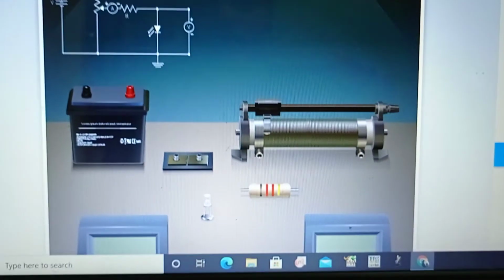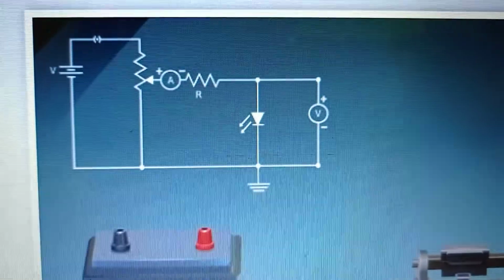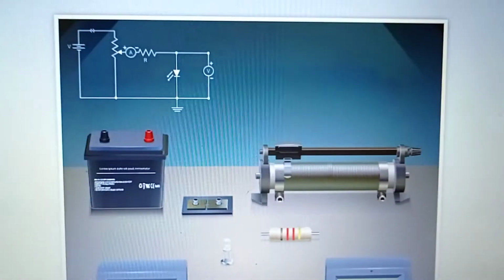So this is the circuit diagram of the experiment. We will do the connection as per the circuit diagram.